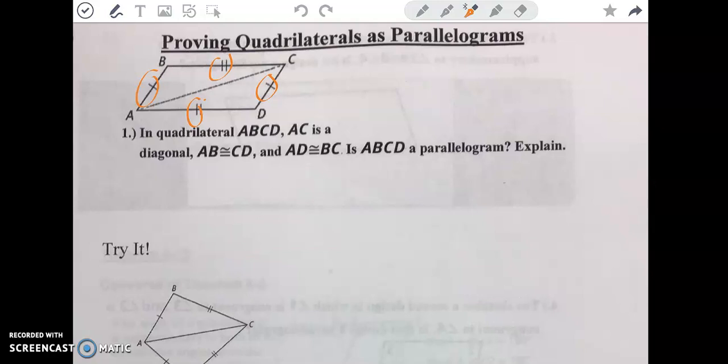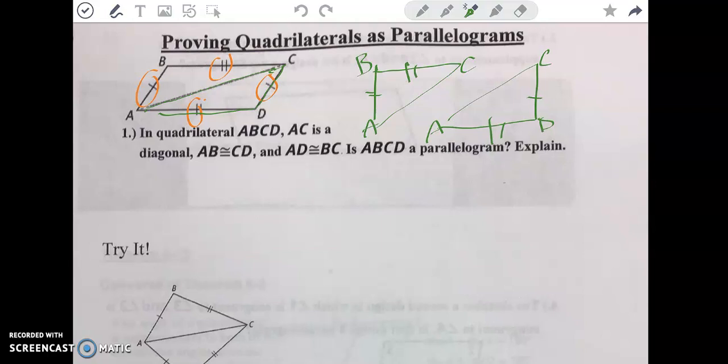Well, if we split this up into two triangles, this is what you'll have. You'll also notice that these two triangles share a side, AC.